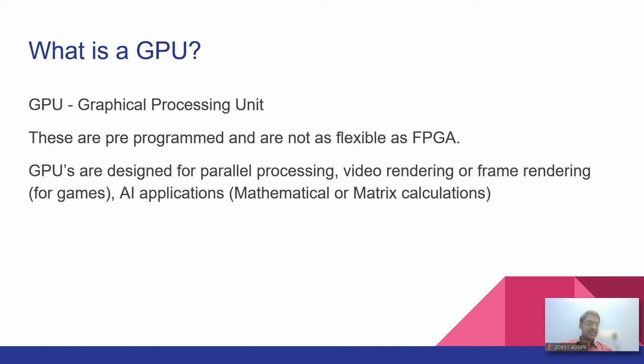GPUs are designed for parallel processing, which NVIDIA and AMD call CUDA cores, and they're used for video rendering or frame rendering. Frame rendering, in the sense, is for games. The faster it renders a frame, the more FPS we can get. FPS is nothing but frames per second.